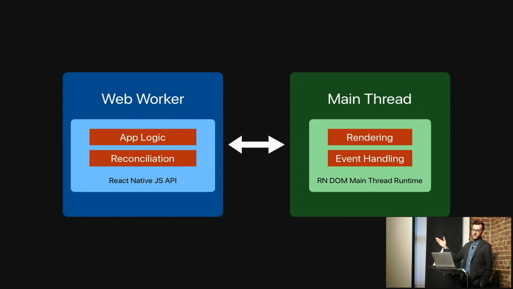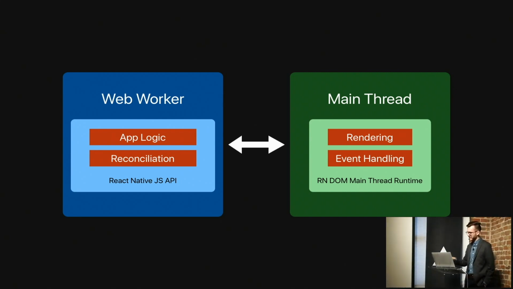And really, my epiphany, or why I started this project, was realizing that the asynchronous bridge in React Native behaved the same exact way that web workers communicate. And this is still pretty high level.